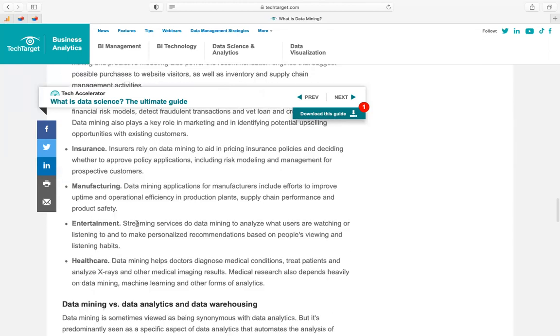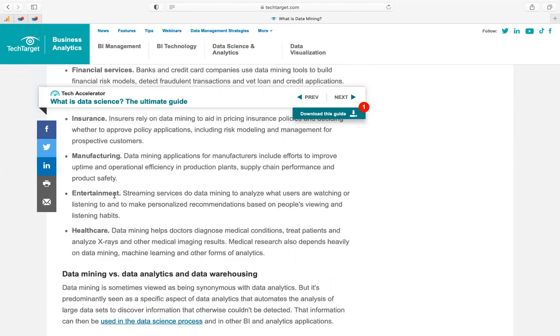Manufacturing companies also use data mining to know their supply chain performance, their product safety and quality. Then the entertainment industry. Sometimes you realize when you log into your Netflix account or any streaming site you subscribe to, you'll be watching, then you see some recommended movie pop up for you.